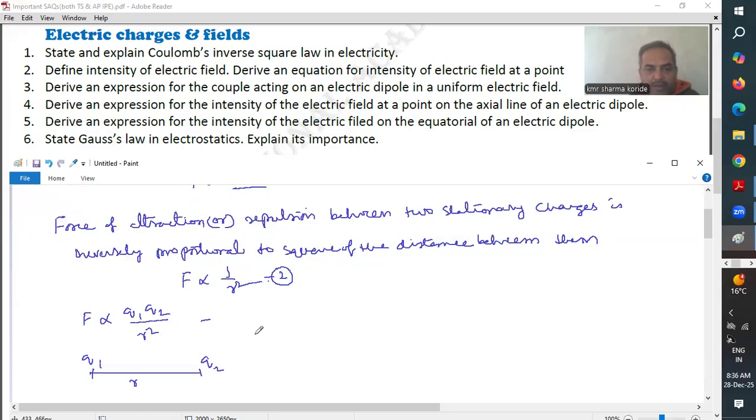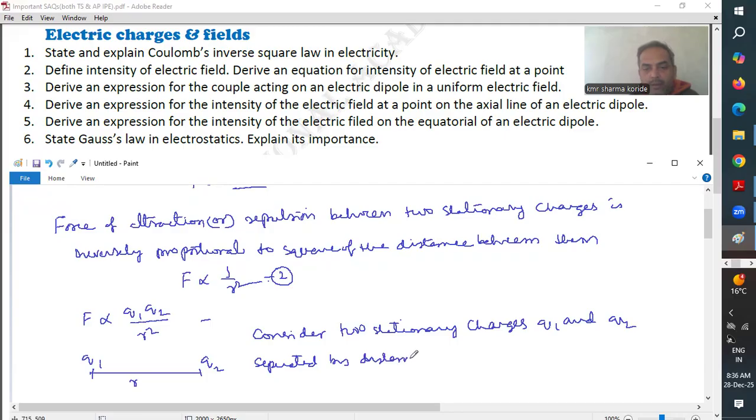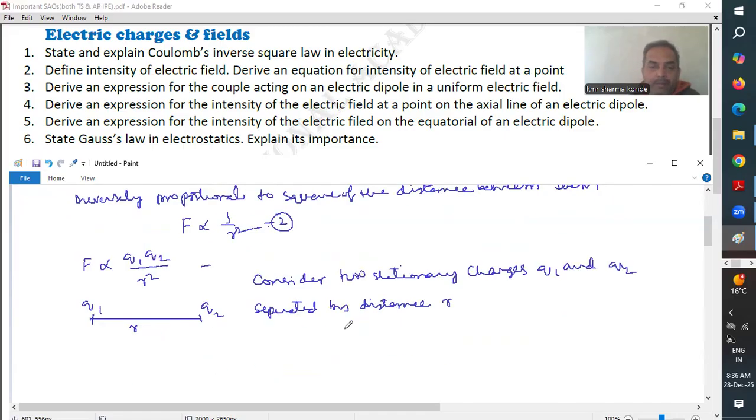Consider two stationary charges Q1 and Q2 separated by distance R in a medium. The medium can even be vacuum.